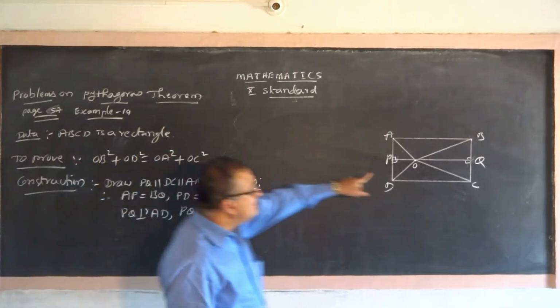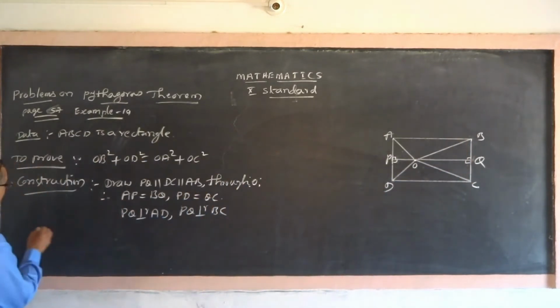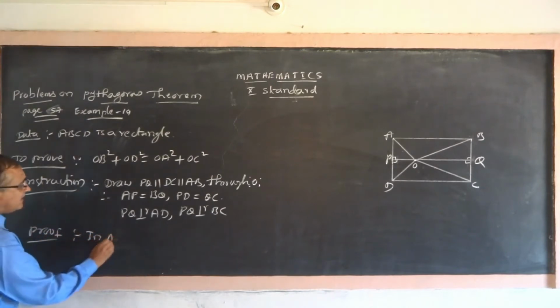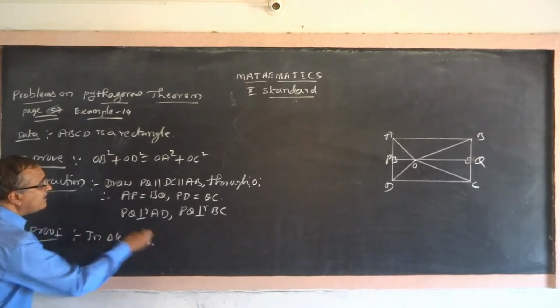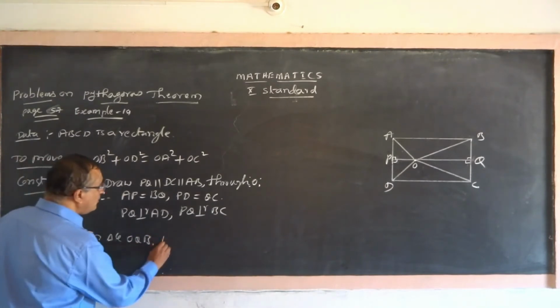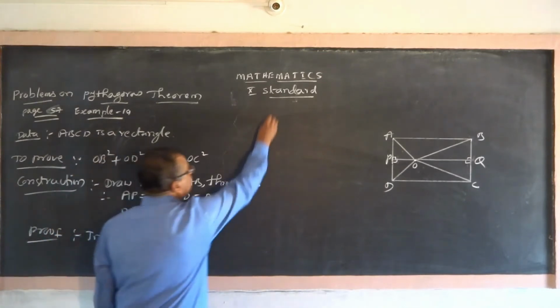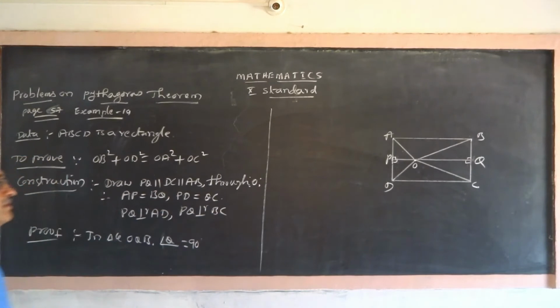Now you want OB square. You take this triangle OQB. In triangle OQB, angle Q is equal to 90 degree.